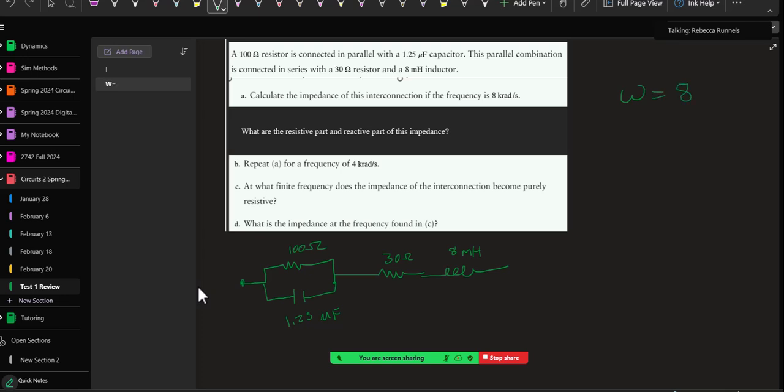Now this is showing the sloppiness, or shortcut, that a lot of people use. This is not really the frequency, this is the angular frequency, and the way I know that is because the units are radians per second. So I know this is already omega. If it's given in hertz, you need to multiply by 2 pi, so you have to pay attention to that.